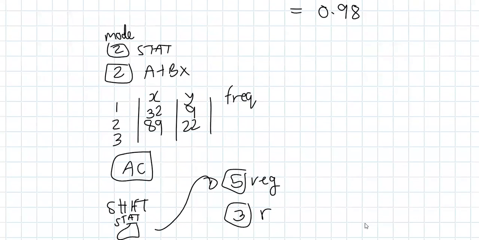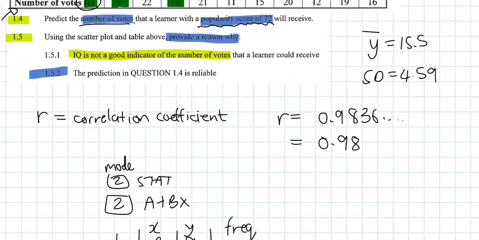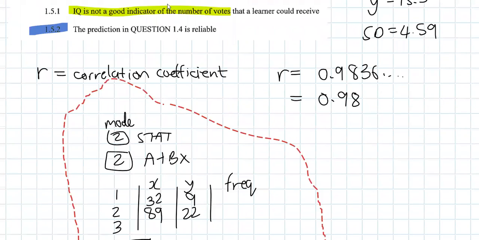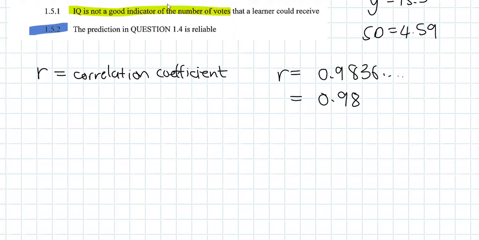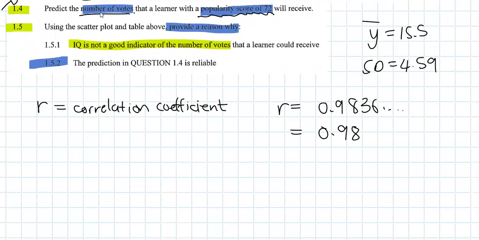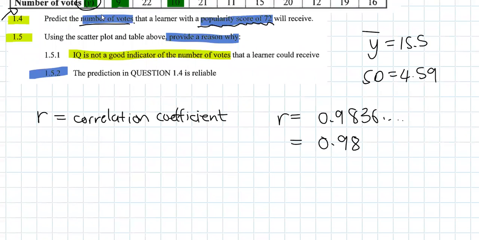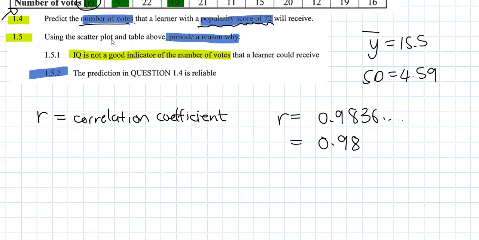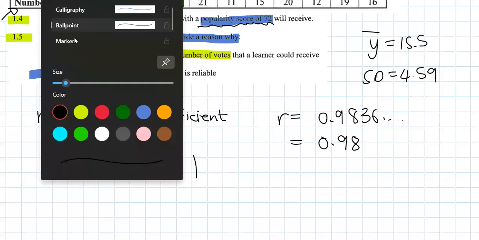This is the calculator work on how to get it, but I want to talk a little bit about R. R is a number between 0 and 1 that tells us how closely correlated our data is. Oh, actually, it can also be negative. Hang on a sec.